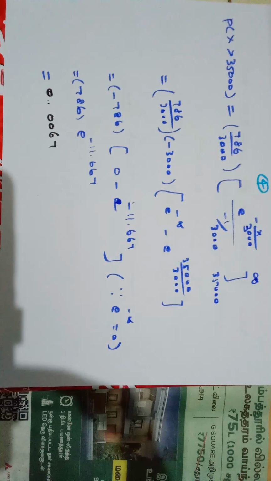So 786 by 3000 as it is, and after integration the e power minus x by 3000 will be divided by minus 1 by 3000, and the limits are 35,000 to infinity. Just apply the upper limit first, infinity, and then minus the lower limit, isn't it? So the term becomes 786 by 3000 into minus 3000, e power minus infinity minus e power minus 35,000 by 3000.